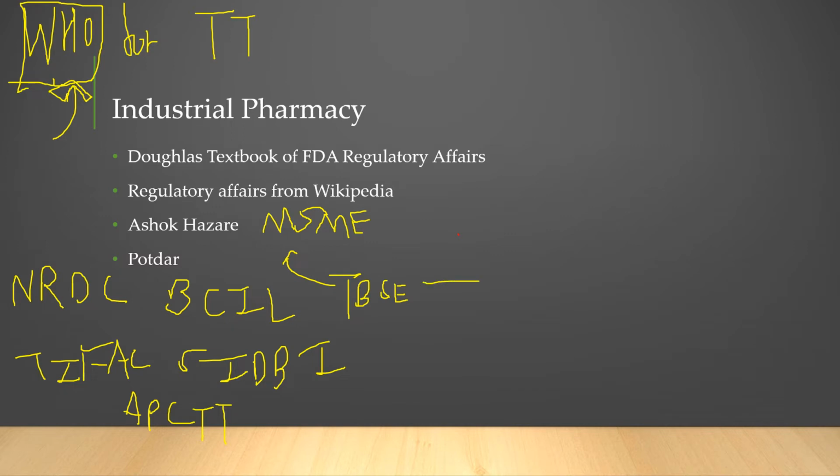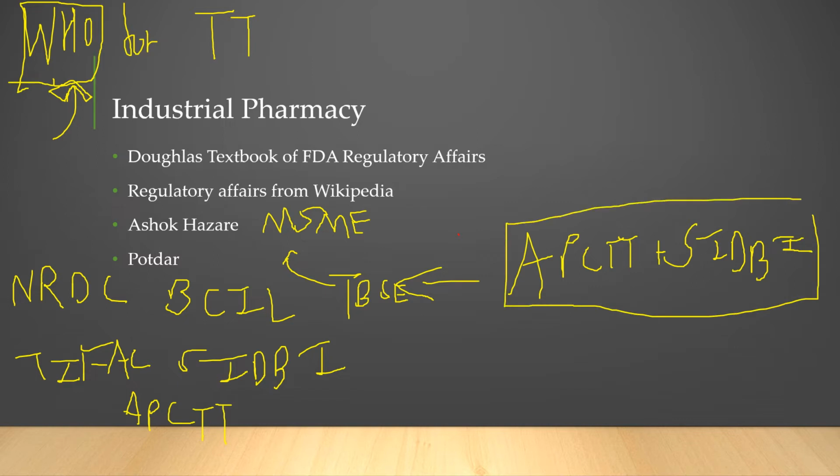It is basically a joint initiative of APCTT and SIDBI. These two agencies, you can say, have aided in its formation. SIDBI and APCTT. Just remember, this might be asked in the MCQs. APCTT stands for Asian Pacific Center for Technology Transfer.